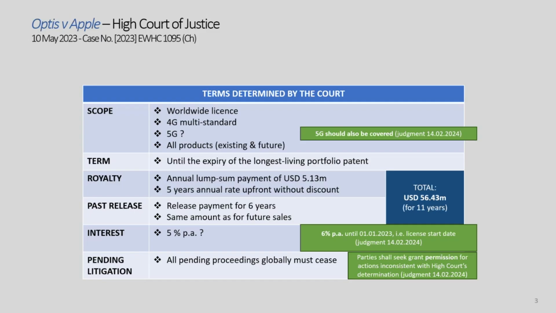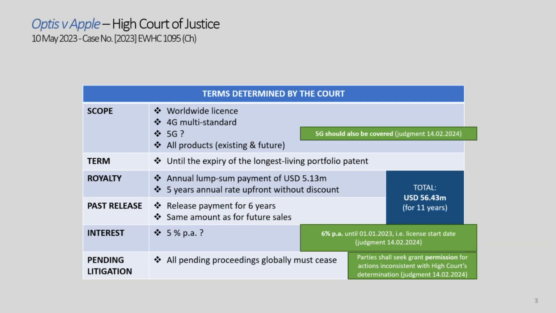It made, however, a cutoff date, saying that the interest payments should stop at the moment in which the license would enter into force, and this would be the 1st of January 2023. So this interest of 6% per year should be payable not until payment is received by Optis, but until the license would enter into force.